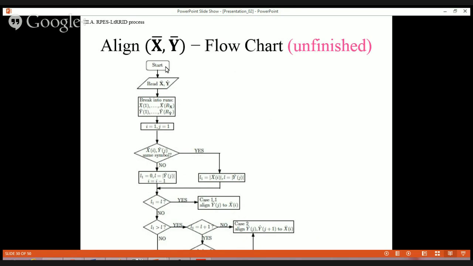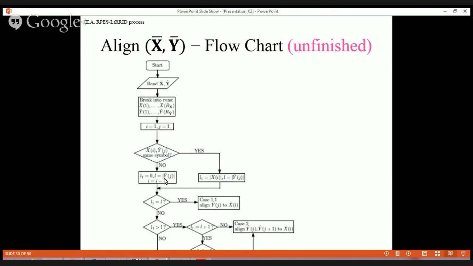So basically the process starts by reading X and Y hat, breaking them into runs, and starting from the left, tracking each pair of runs to be matched in X and Y hat. Firstly, check whether they are composed of the same symbol. If they are composed of different symbols, we set the length of the parent run to 0.